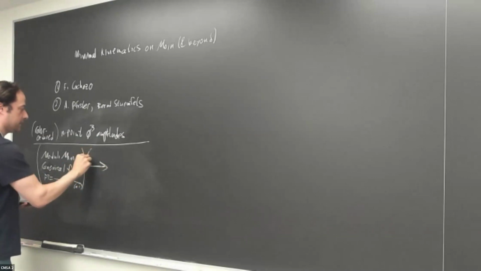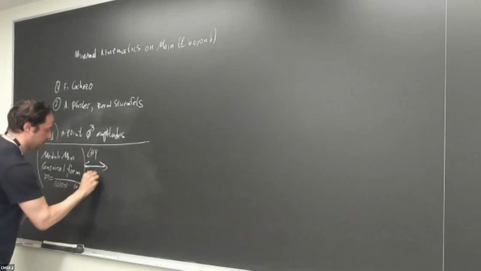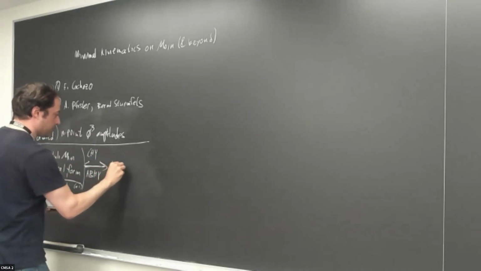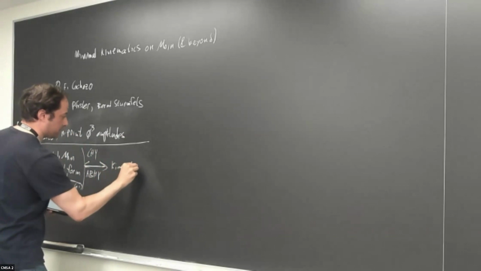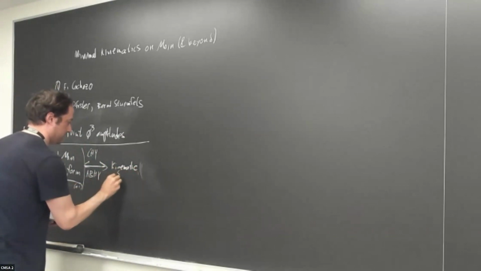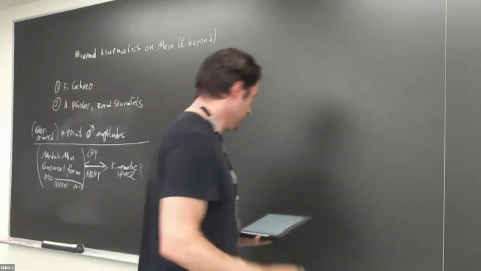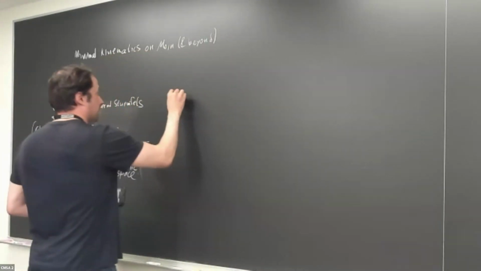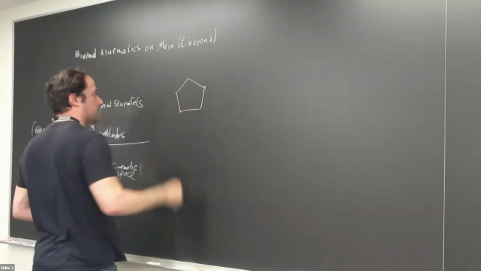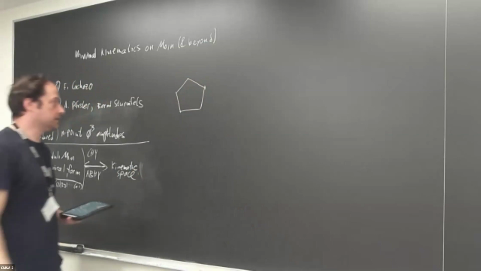On the other hand, we have a connection to the kinematic space, which is where all the action happens. What you can imagine is the two-dimensional associahedron, I don't need to remind most of you, is a pentagon.